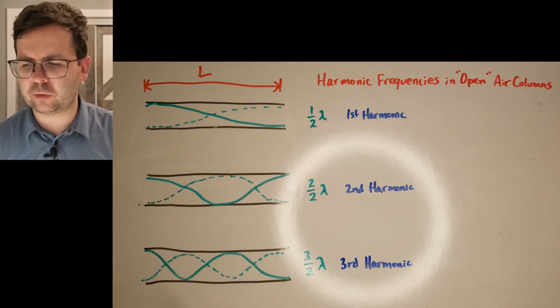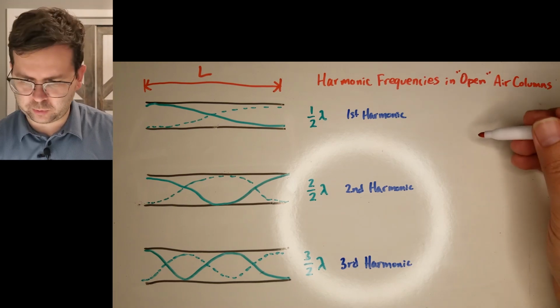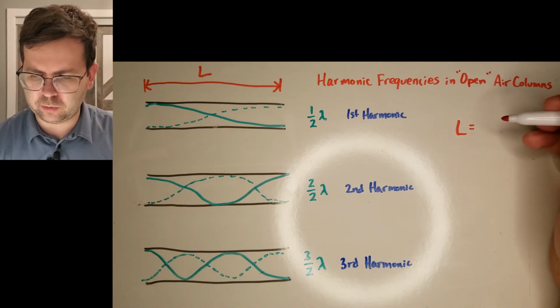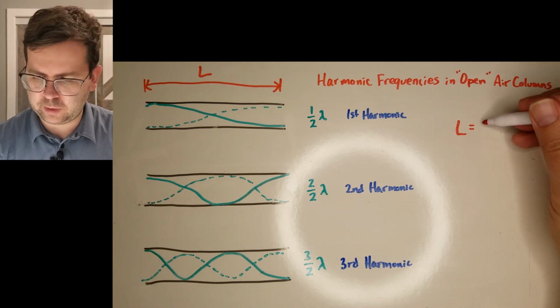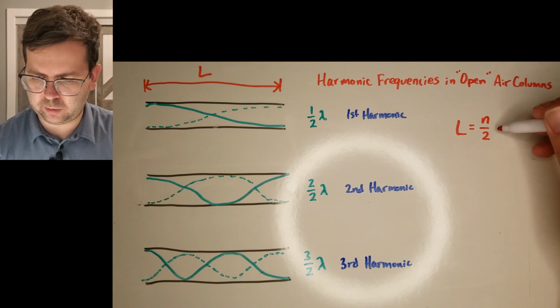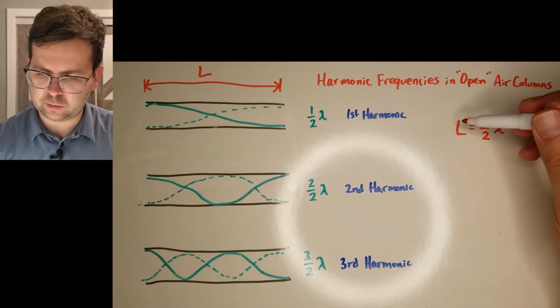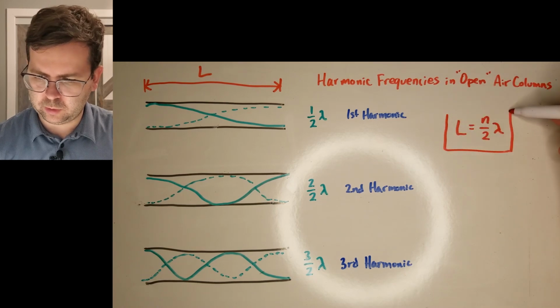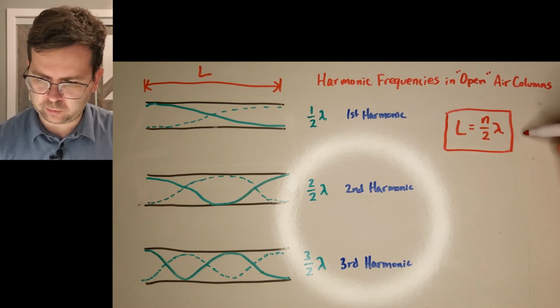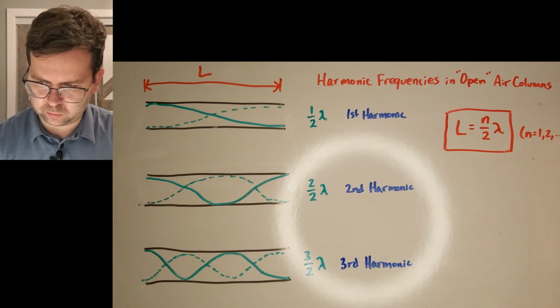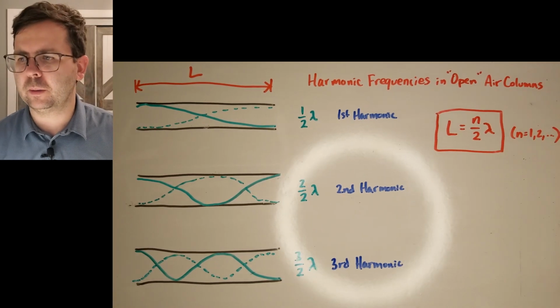Now, to write this as a mathematical relationship, which we often want to do in physics, we can say that the length of this pipe can fit any number of half wavelengths inside of it. So one way to write that is: the length of the pipe is equal to n over 2 wavelengths, where n can be 1, 2, 3, and so on.